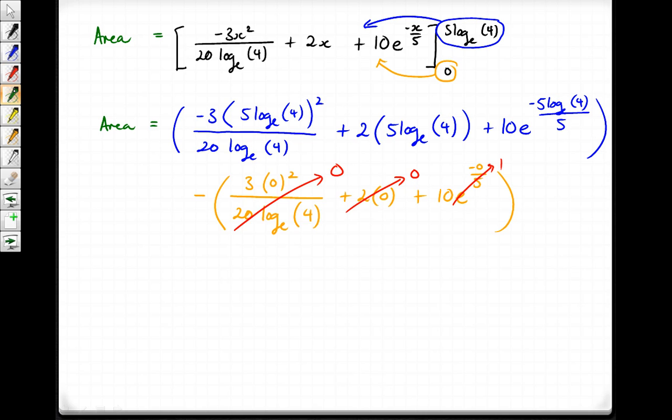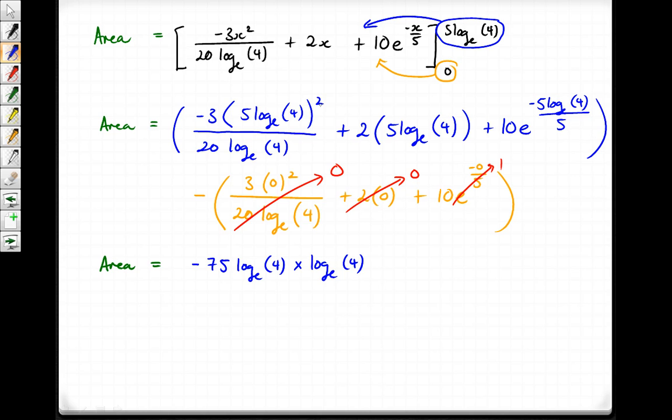So let's grab another line of working. So the area in the blue is equal to, let's see, minus 3 times, we could distribute that, 5 squared log e of 4 squared. So overall, we're going to just simplify that to minus 75 log e of 4 times log e of 4.